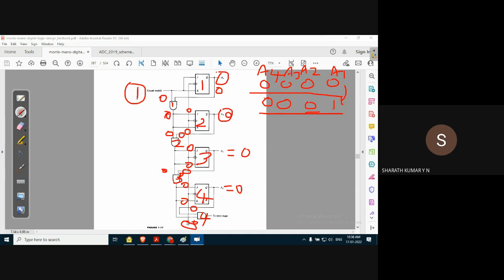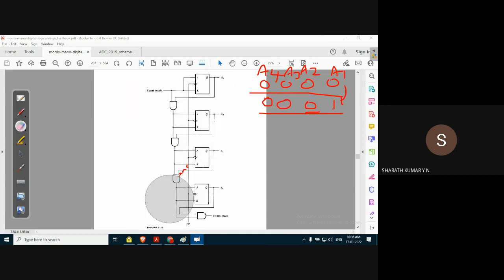When count enable becomes 1, A1 is set to 1. Let me erase this and write it. When the count enable input becomes 1, A1 is set to 1.